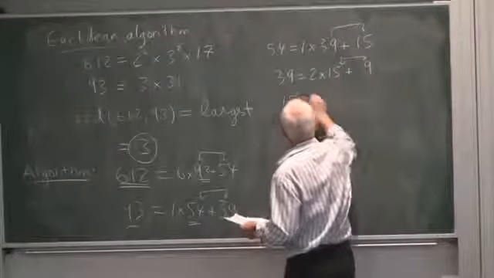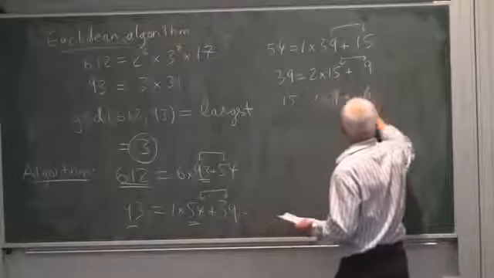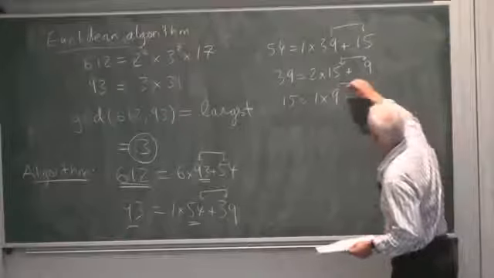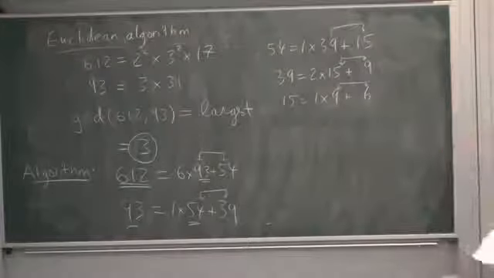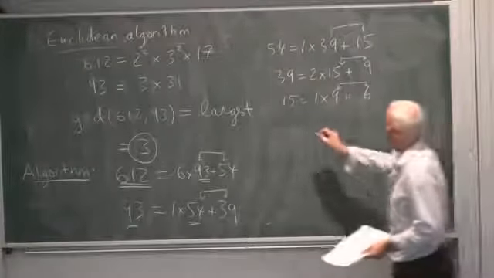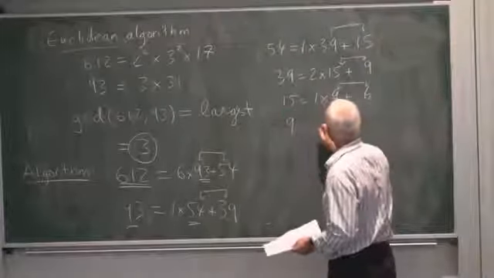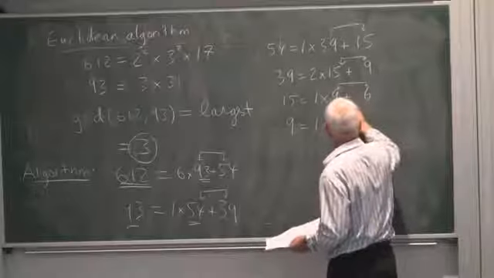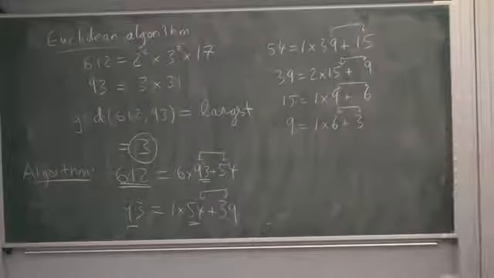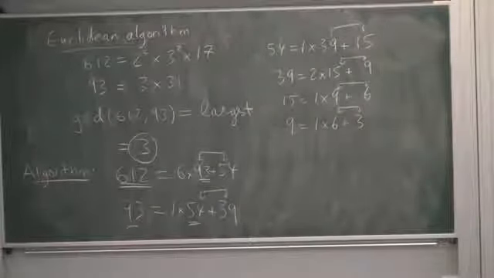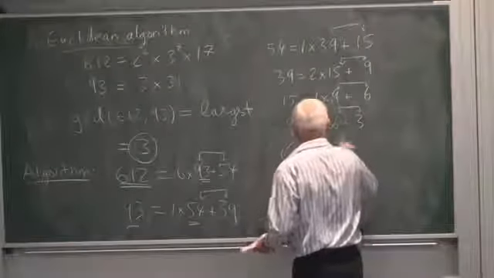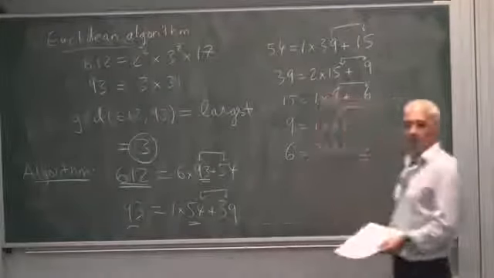And then 15 is 1 times 9 plus a remainder of 6. And then 9 equals 1 times 6 plus a remainder of 3. And finally we get to the stage where 6 is equal to 2 times 3 with a remainder of 0.